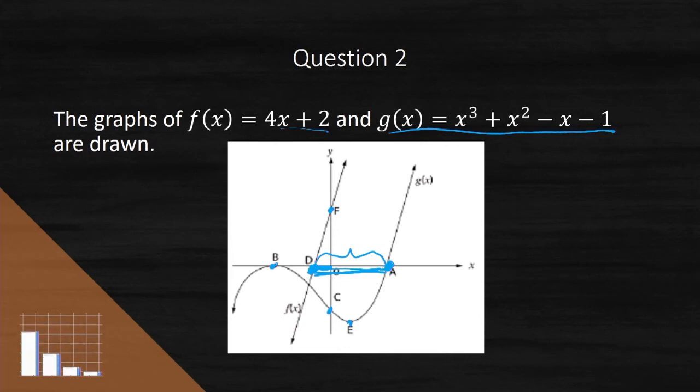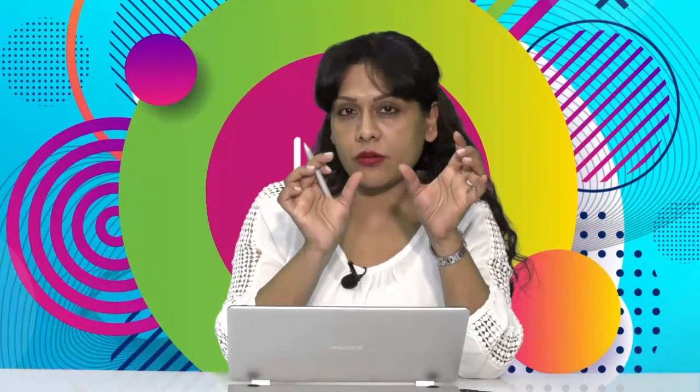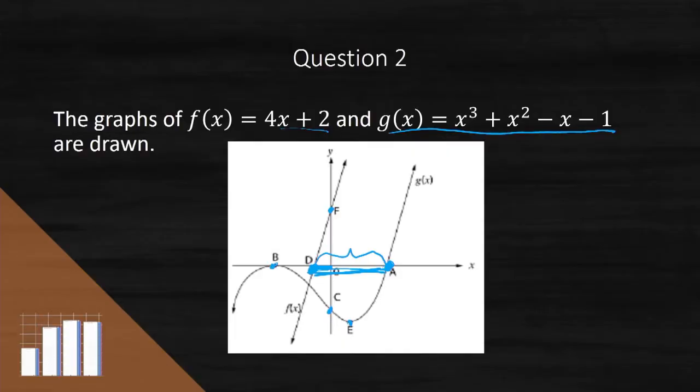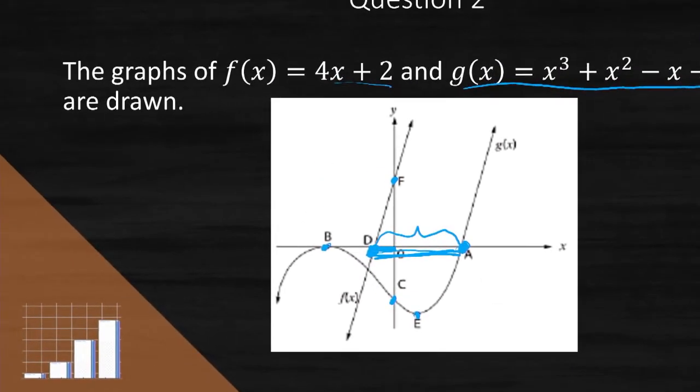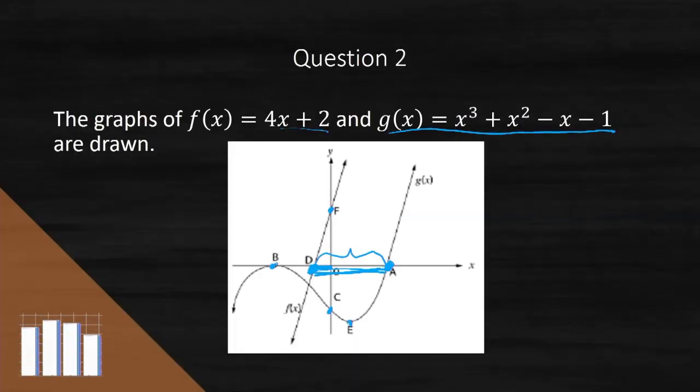Well, remember at the origin your coordinates are 0, 0. So 0, the x value, minus a half will give me that length D to O. So the length from D to O is a half a unit. All right, so if we zoomed in there, we could see which length we are talking about. So that length is a half a unit.